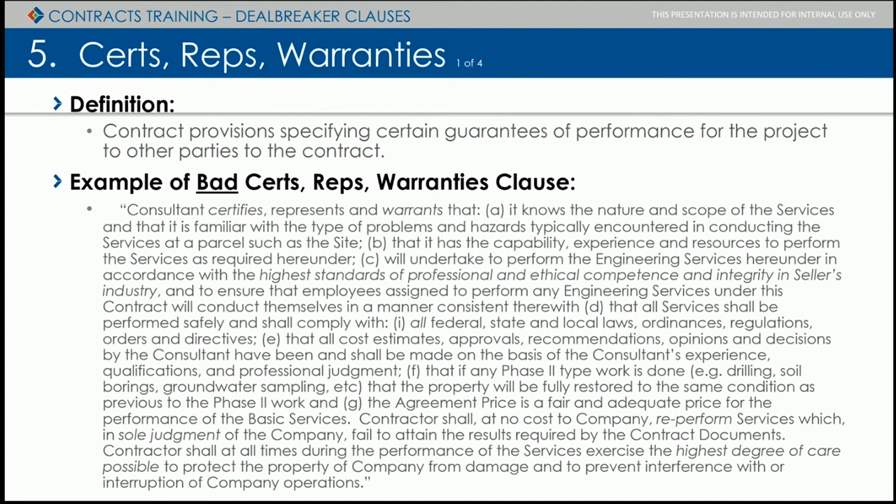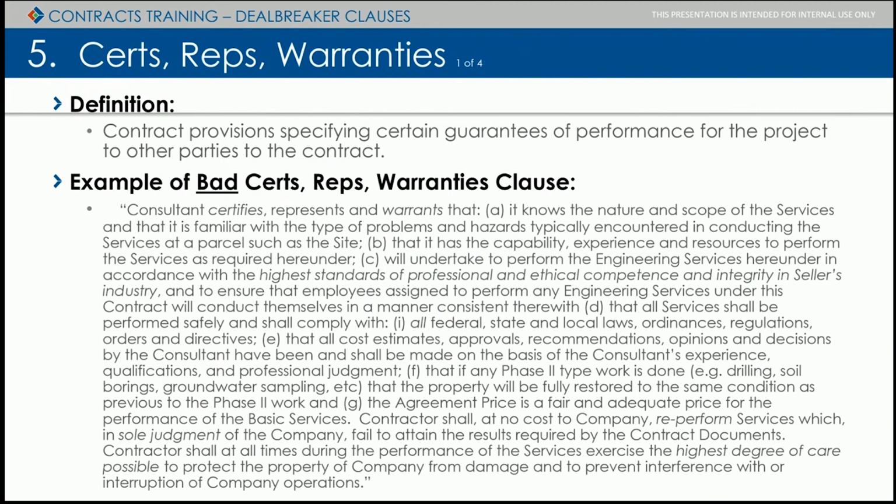And if we provide a certification that goes beyond the standard of care, or a warranty that goes beyond the standard of care, it provides a cause of action, just meaning another way to sue us. So if we provide a warranty, we're opening the door for a breach of warranty clause. If we provide a certification that we shouldn't, it's breach of a certification.